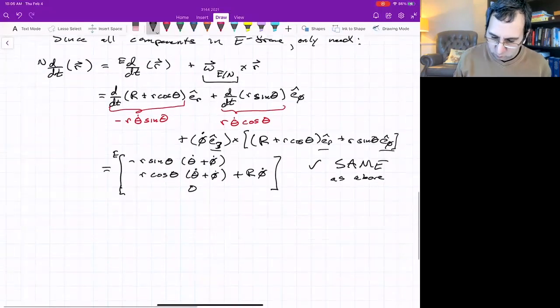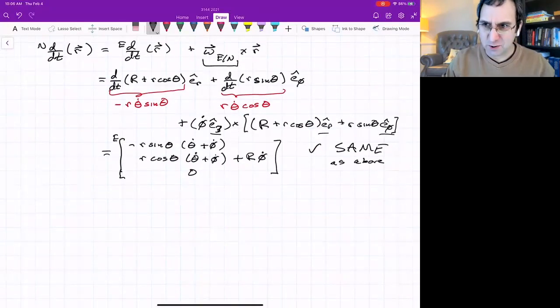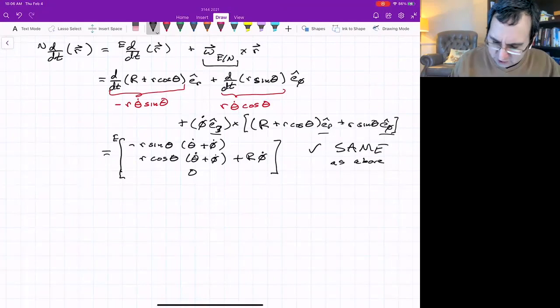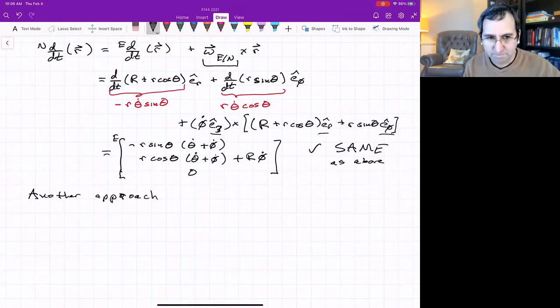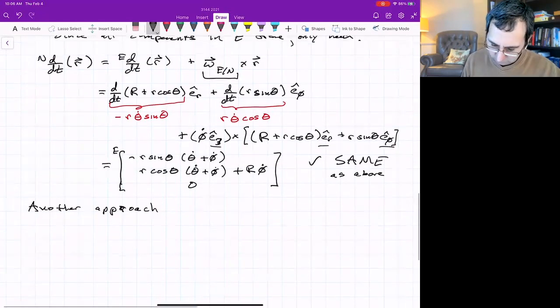So what's the other approach? The book doesn't call this a 3-part velocity formula, but maybe this other approach is more intuitive to you. It works when you've got things moving on circular orbits, but it doesn't work otherwise.